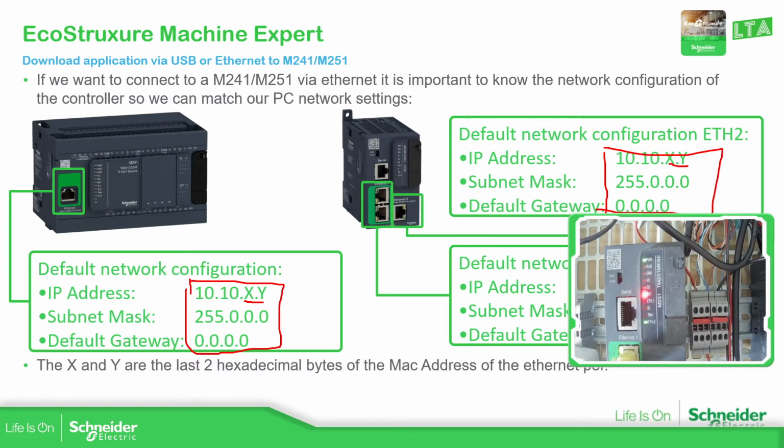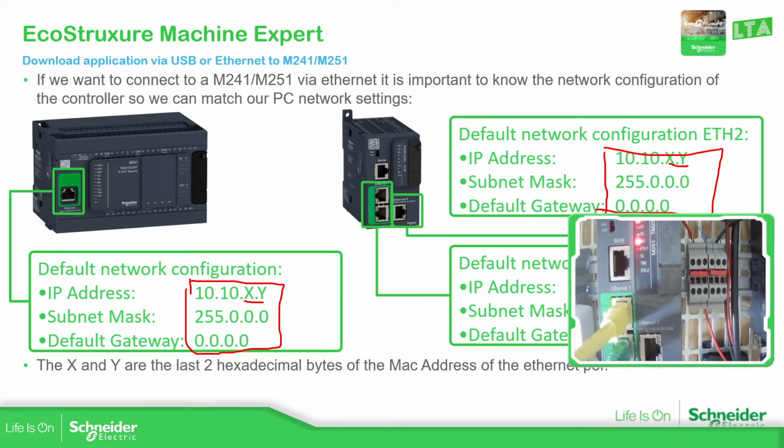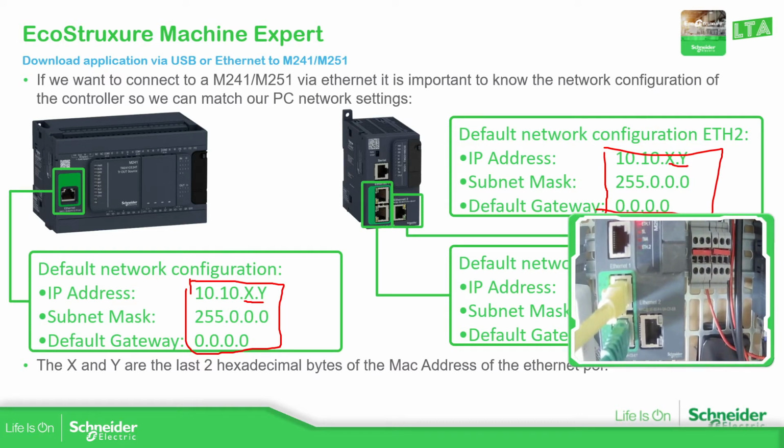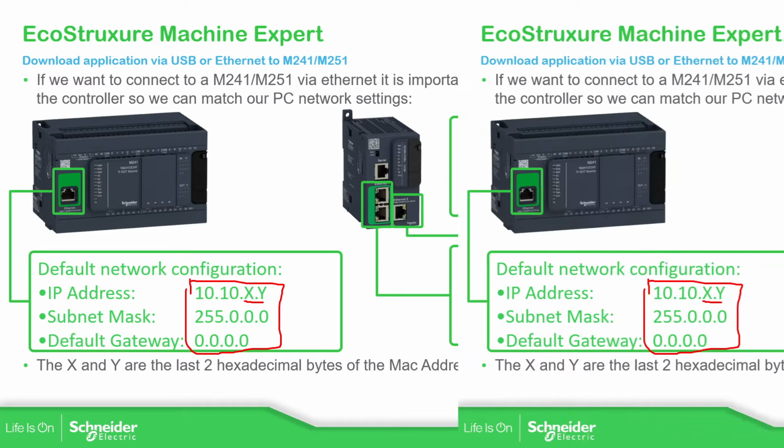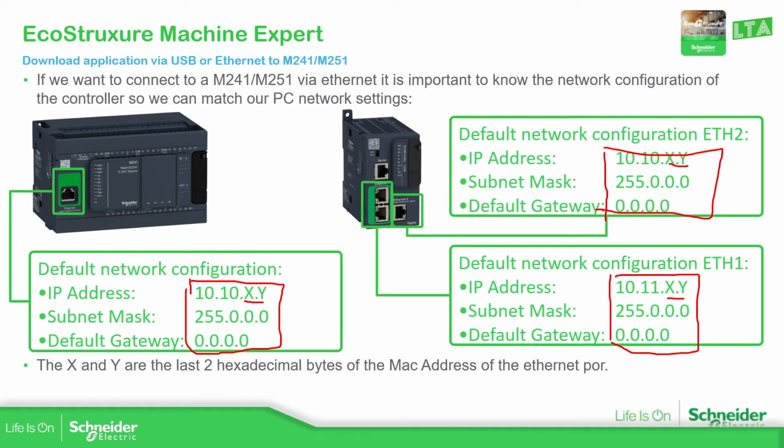Here you can see the PLC, the M251. In the Ethernet port you have a MAC address, and here below this port you can see the MAC address for these 2 ports over here, which is the same network. Using that you can check the default IP address for this controller.